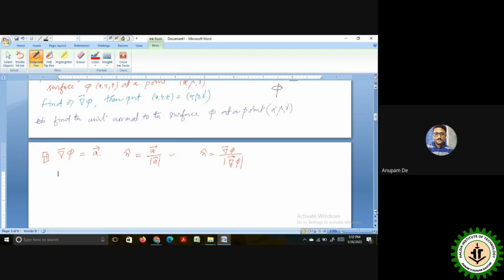Have you ever faced this problem, that find the projection of a vector along any vector? Yes, sir.